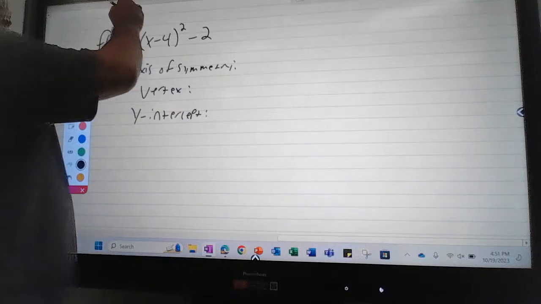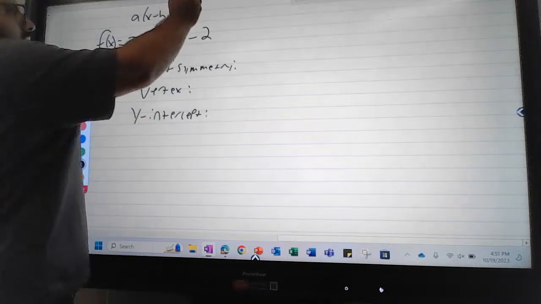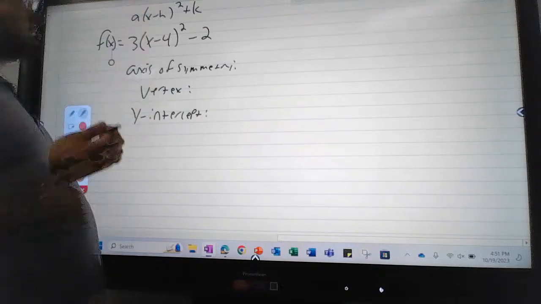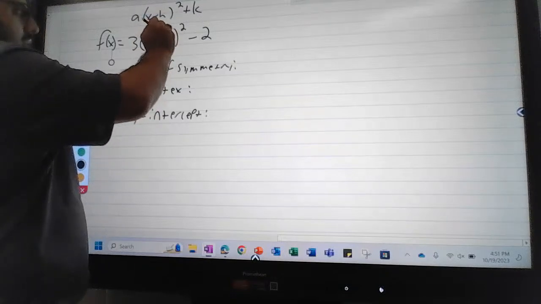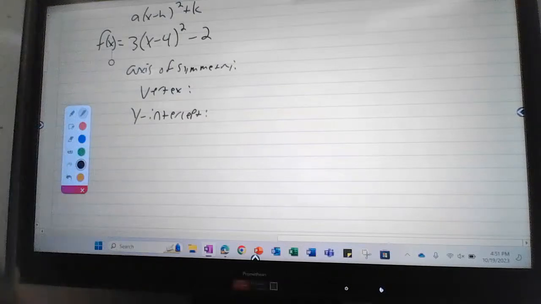So again, this is in the form a times (x minus h) squared plus k. Now, because of the nature of the function transformation, the horizontal translation, x minus h is the correct form. So whatever's in this spot right here, especially if that's a minus, that's going to be positive. So remember when we did horizontal translations, we have to think opposite.